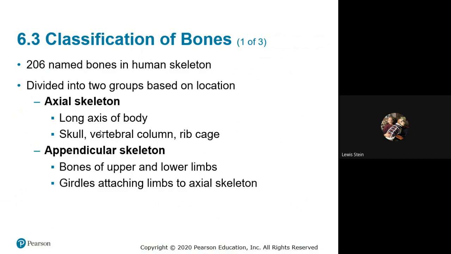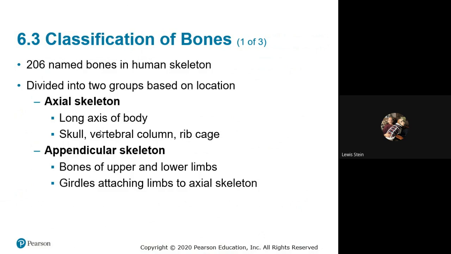Okay, axial. The axial skeleton, your axis, is your core in exercise terms. Your head, your neck, your ribs, your backbone. That's the long axis of your body: skull, vertebral column, rib cage. That's it. The appendicular means appendages.